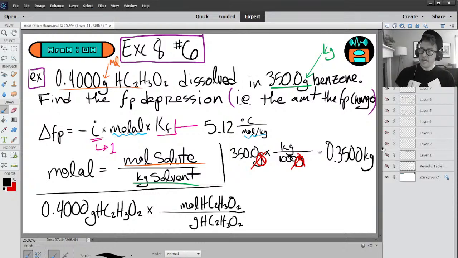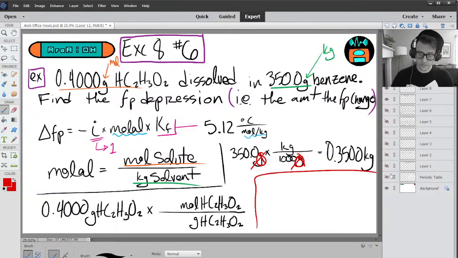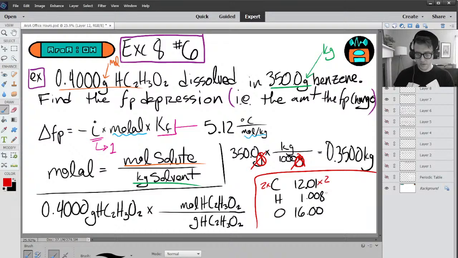And to do this, we'll need to calculate a molecular weight. Acetic acid has carbon, hydrogen, and oxygen. And we have 2 carbon, 4 hydrogen, and 2 oxygen.